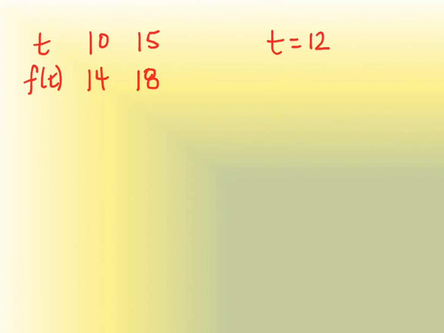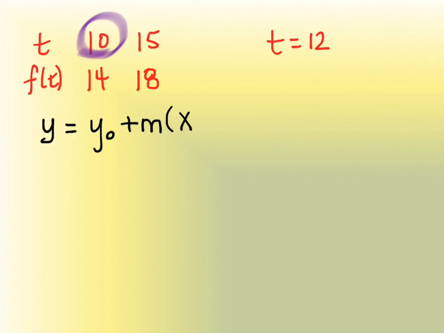So for t equal to 12, clearly between these two, this is the t value that is closest to t equal to 12. So for y equals y0 plus m times x minus x0, for our equation here, we're doing L of t, because our variable is t. The y value at the value that we're looking at is actually 14.